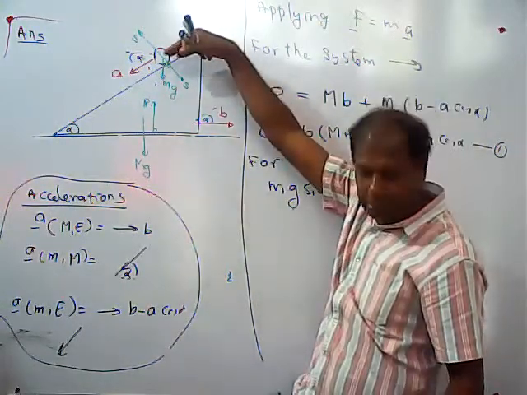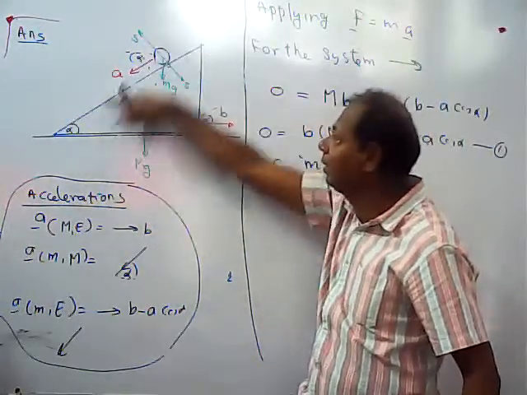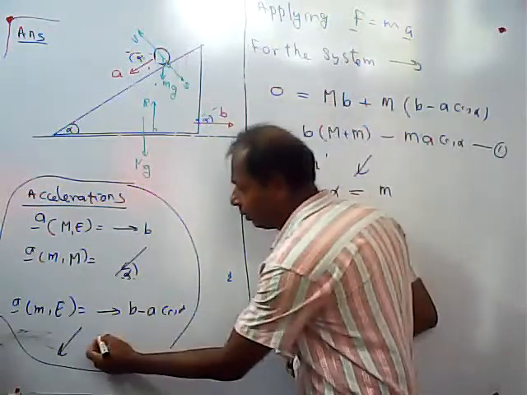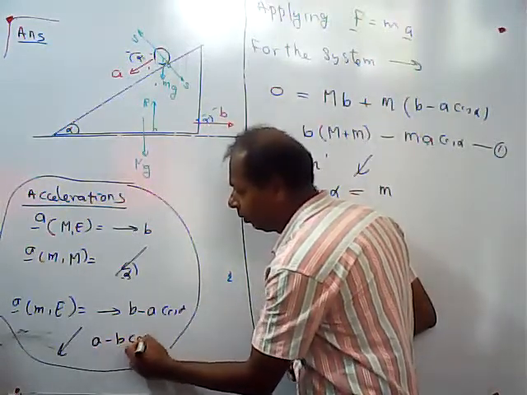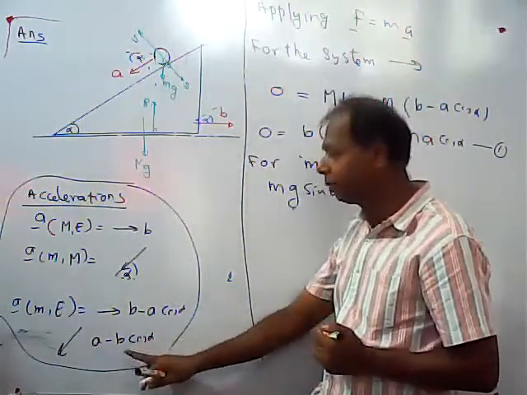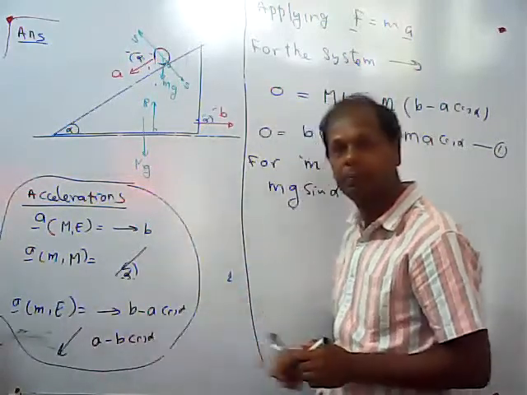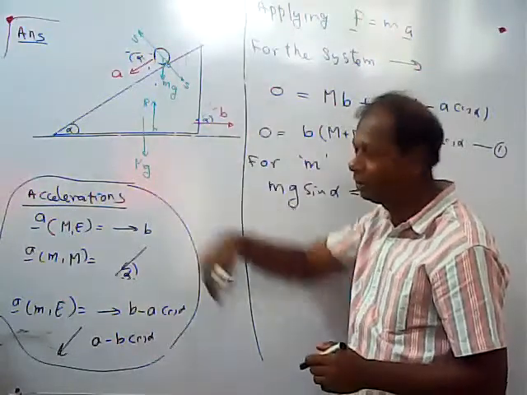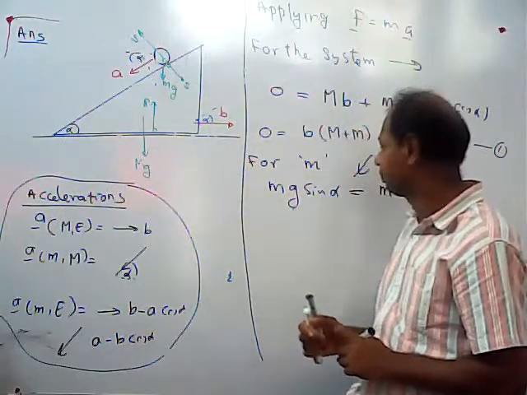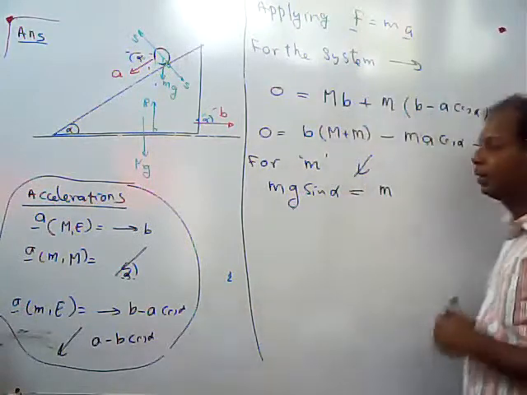So the acceleration of the particle along the plane, in the downward direction, is A minus B cos alpha. This is what we need. You don't need the vertical component. So the particle acceleration is A minus B cos alpha.